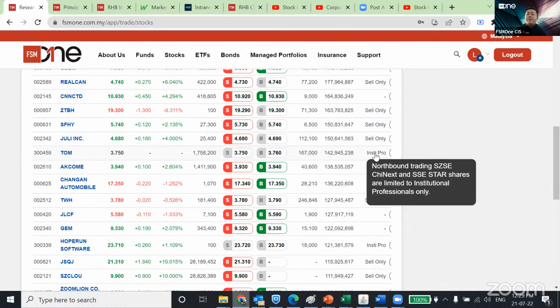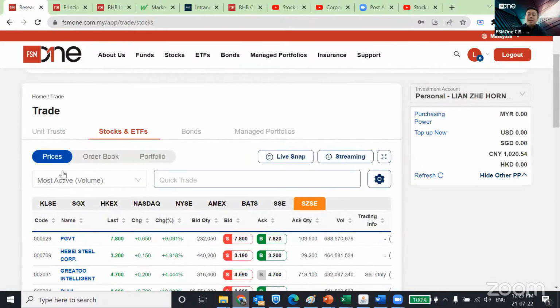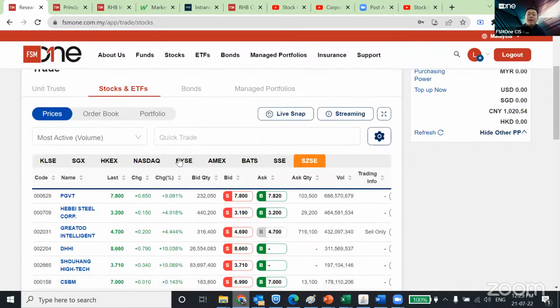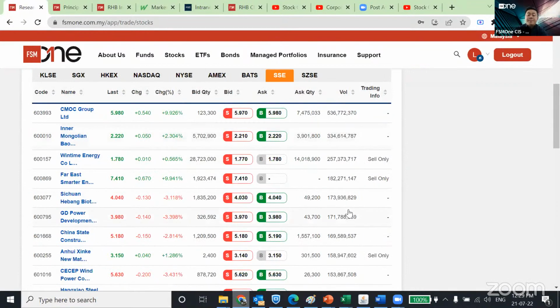This type of share is not able to be traded by us. It's only available for institutional professional investors. So this is how the platform looks. It's quite similar to other exchanges. It's just that for some counters, we are not able to trade.